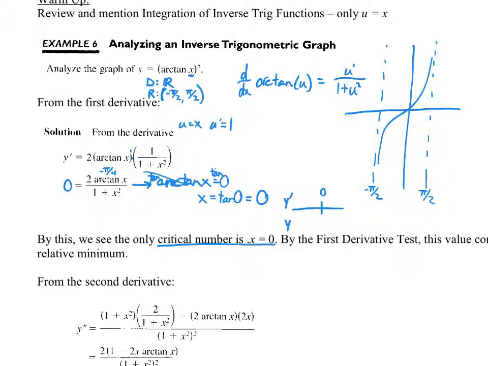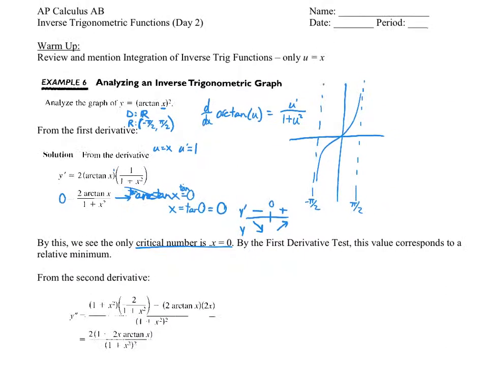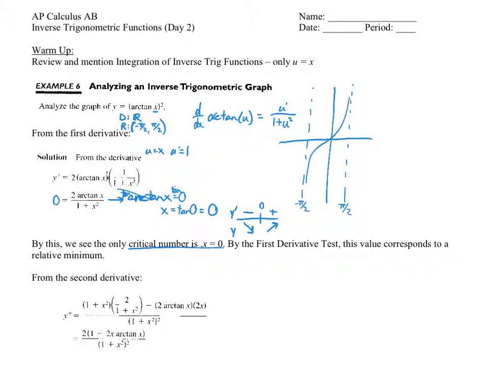So I know that's going to be negative, which means this is decreasing, okay? If I were to plug in a positive 1, arctangent of 1 is going to be pi over 4, so that's going to make y prime positive. So now you can see here by the first derivative test, this value corresponds to a relative minimum, okay?